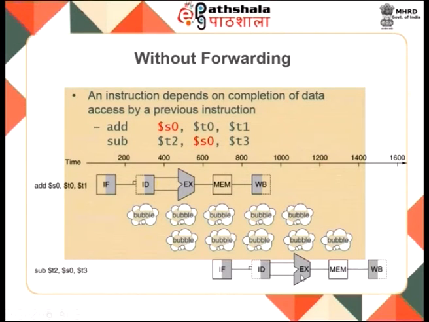Only then you will get the correct results, because in the write back, the first half does the register write, and in the second half you can go and read the register. So, if you do not have a forwarding path available, then two stalls will have to be inserted, and only then will we be able to read the correct data.